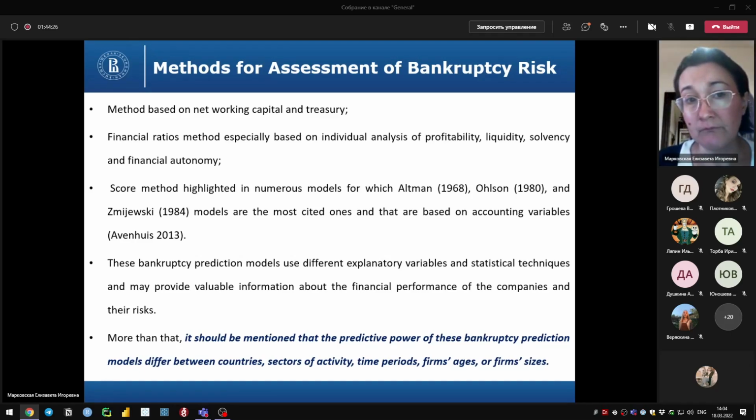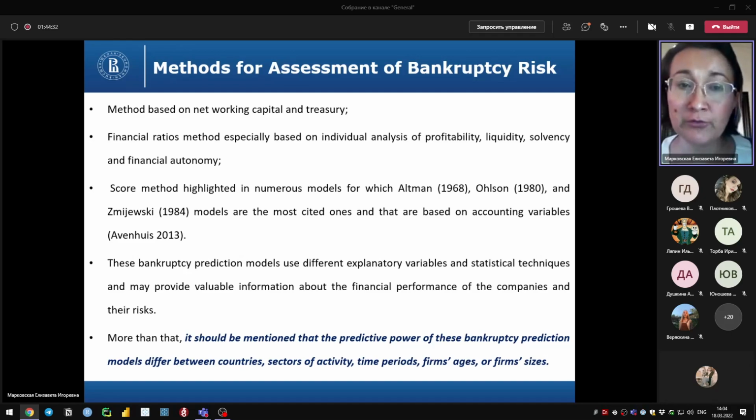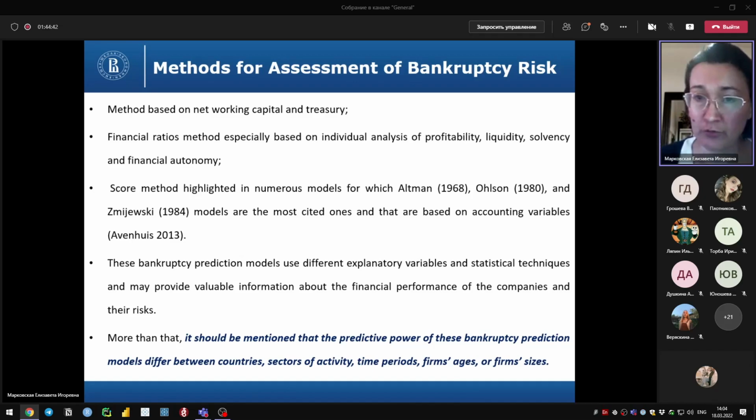So any analysis, creditworthiness or bankruptcy risk analysis, should include the ratio analysis in order to conclude about the financial sustainability of your company.